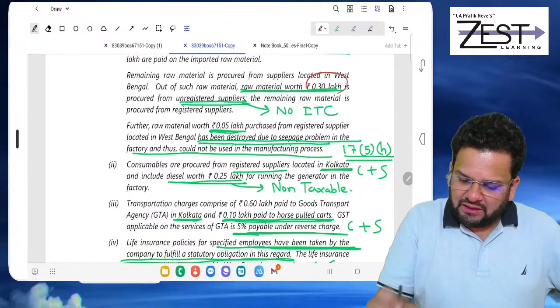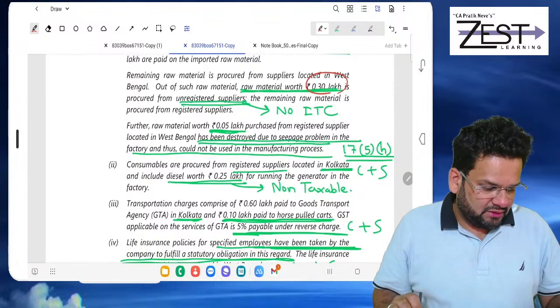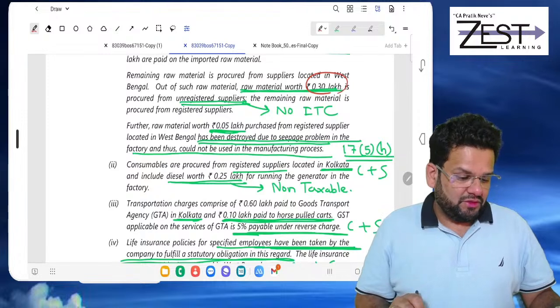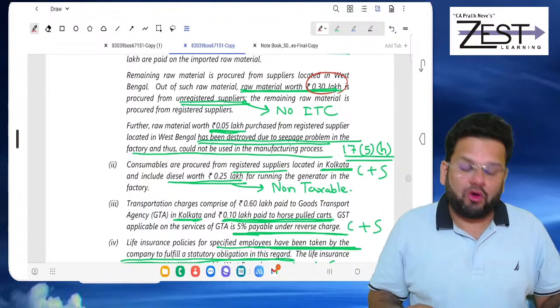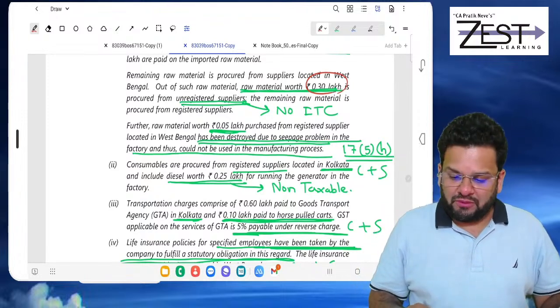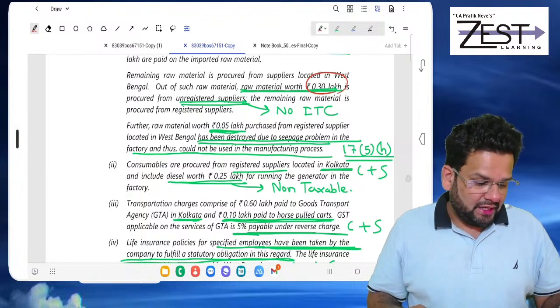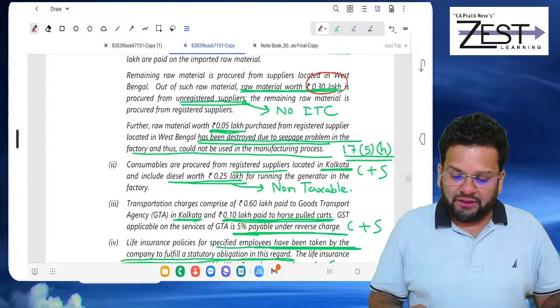Then we are subtracting this 0.3 which is from unregistered person, and you subtract 0.05.